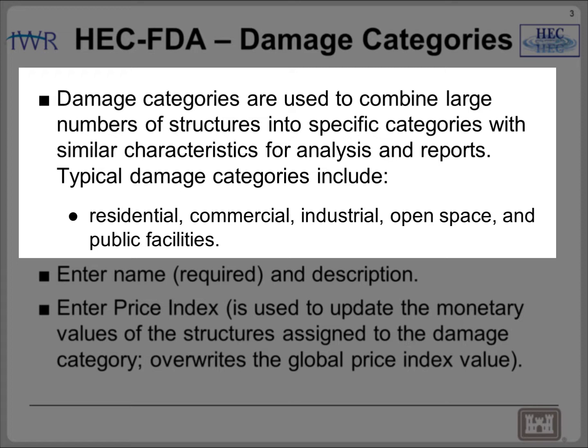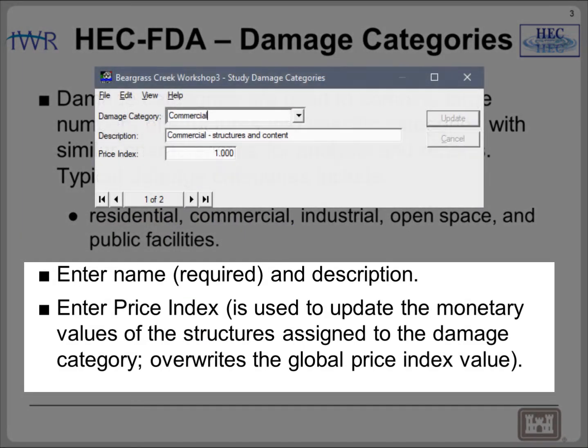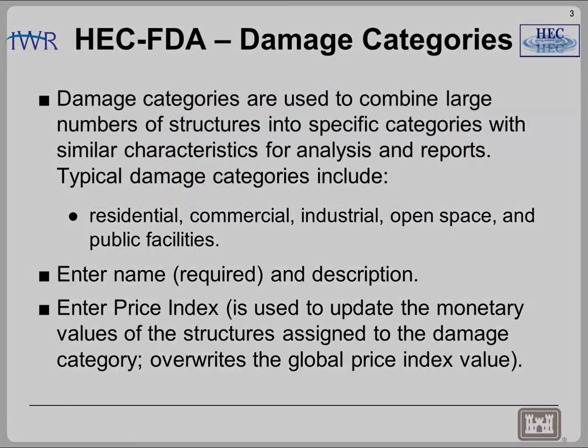In Workshop 3, the two damage categories you will be creating are commercial and residential. When you create the damage categories, you need to enter the name, which is a requirement, and a description. You will also need to enter the price index. This price index is used to update the monetary value of structures that are assigned to the created damage category.